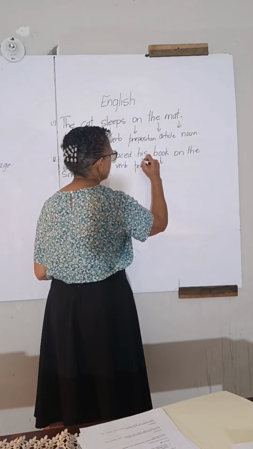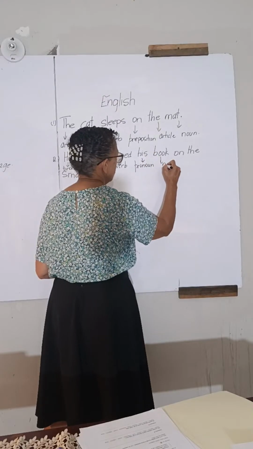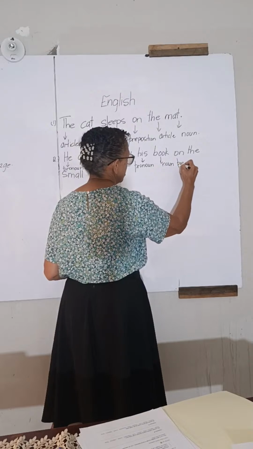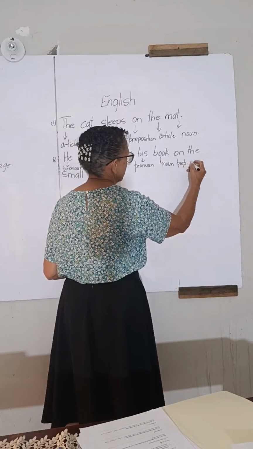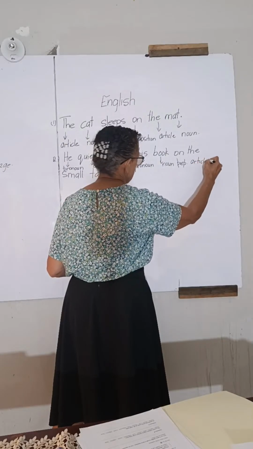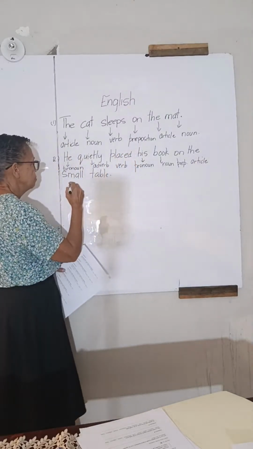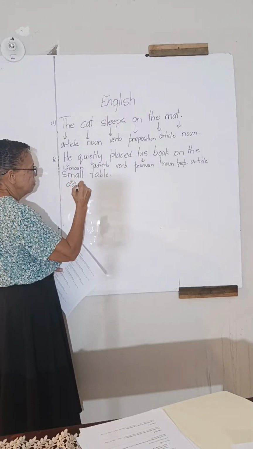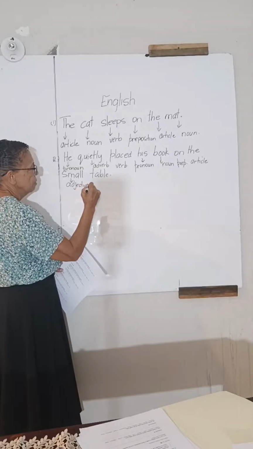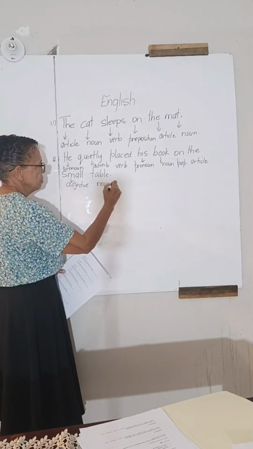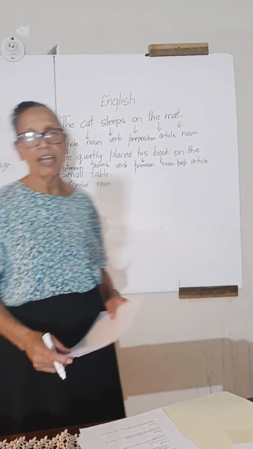Book. This is noun. On, preposition, shorten P, R-E-P. The, article. Small, adjective. Table, noun. Did you get all of that right? Correct?